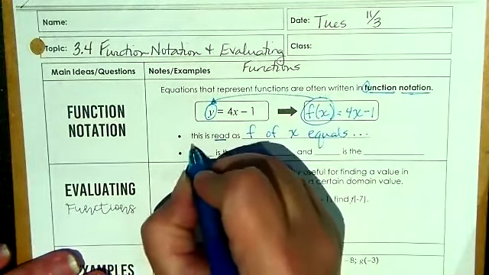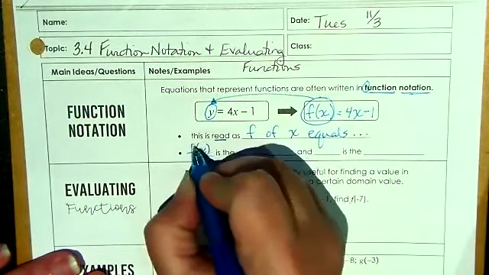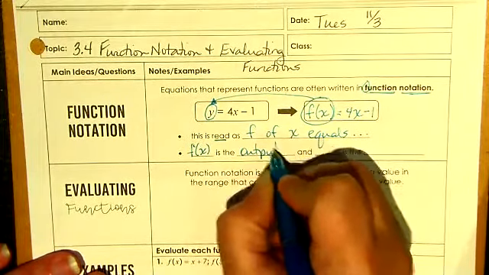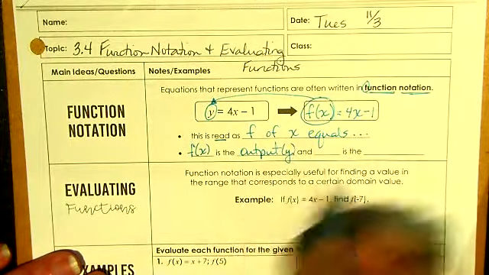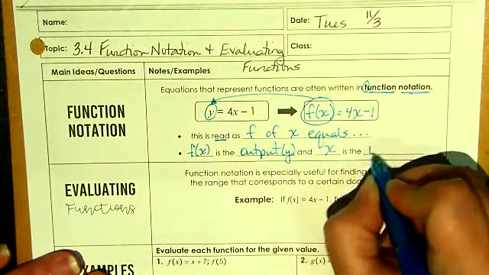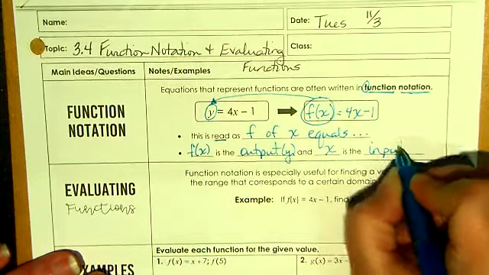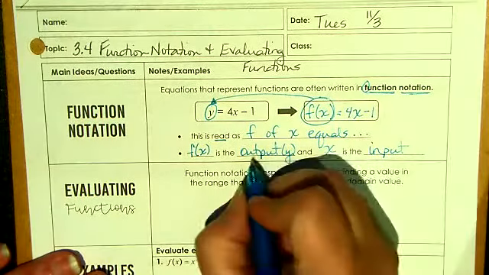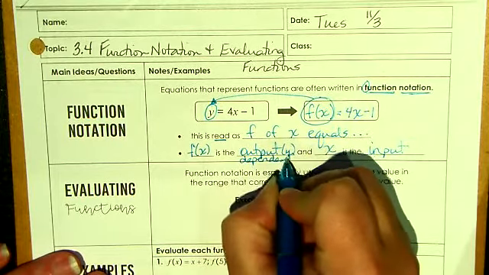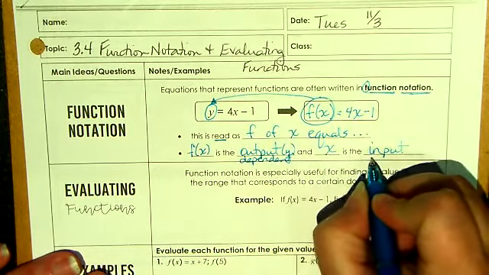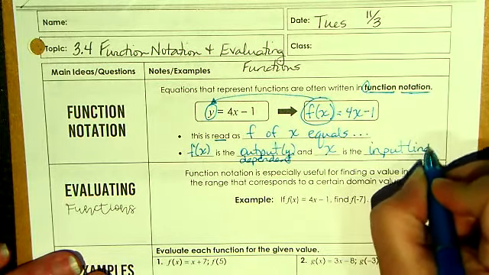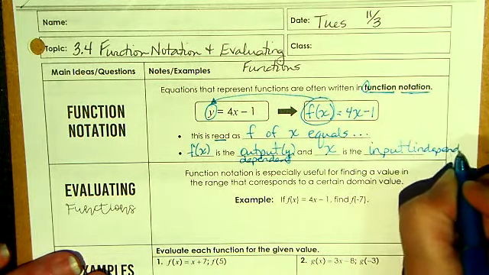When you're looking at this, the f of x is the output, or the y value, and x is the input. If you remember, the output is also referred to as the dependent variable, and the x is the input or the independent variable.